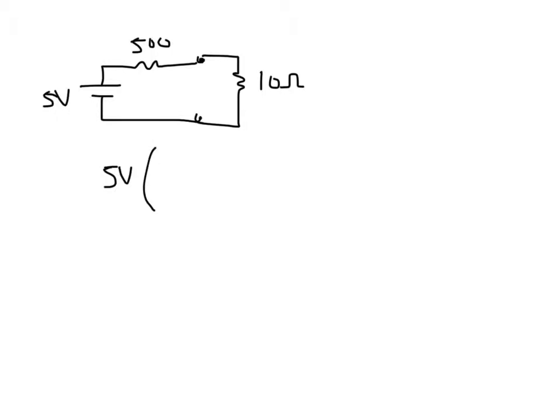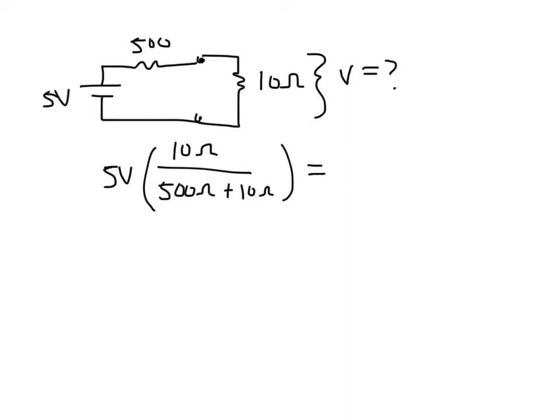Again, the voltage we're trying to find is that voltage between those two points. So 5 volts times 10 ohms divided by 500 ohms plus 10 ohms is 0.098 volts, just as we got with the original circuit, but we've used the Thevenin equivalent instead.